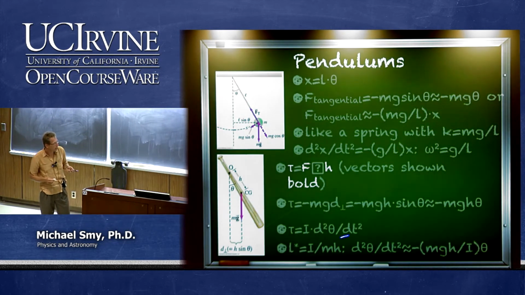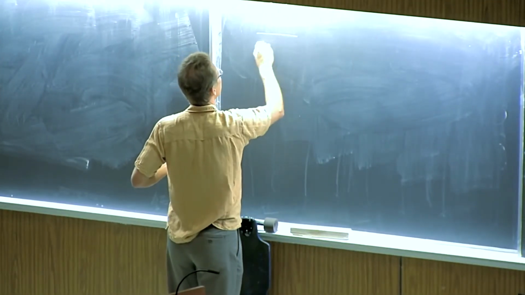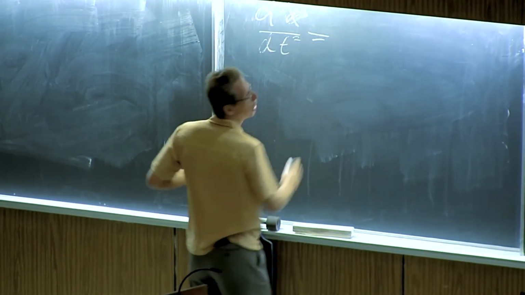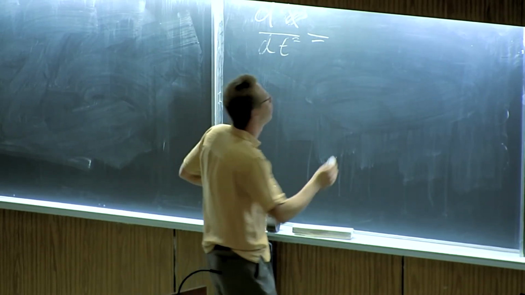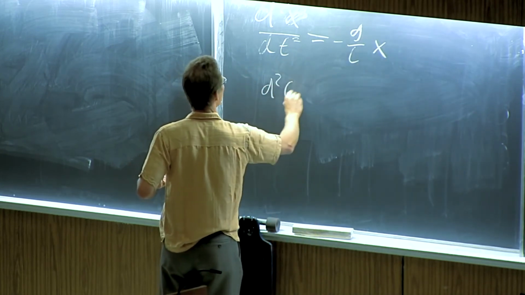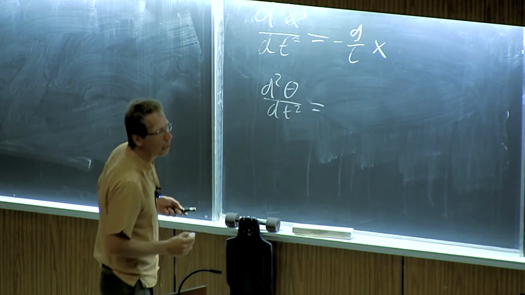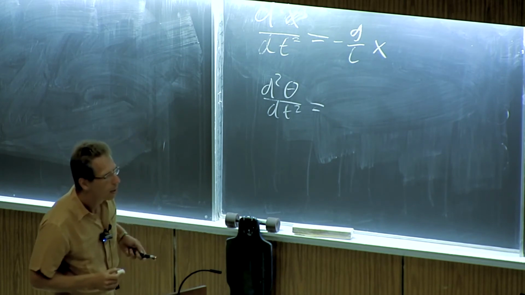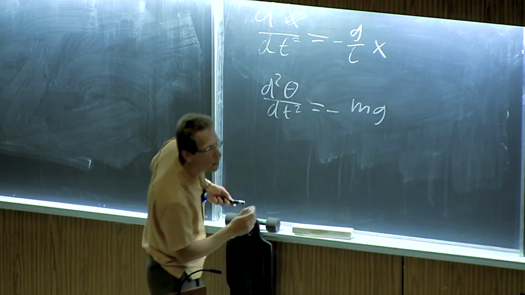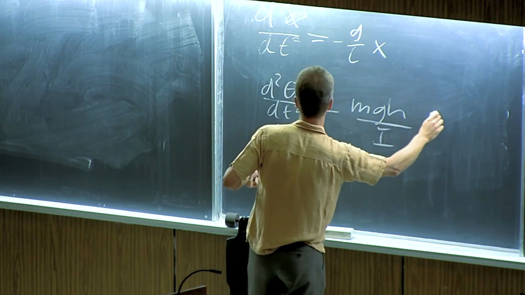And since the equations are similar, one equation is d square x dt square equals minus g over L times x, and in the other case it's d square theta dt square equals minus mgh over I times theta.